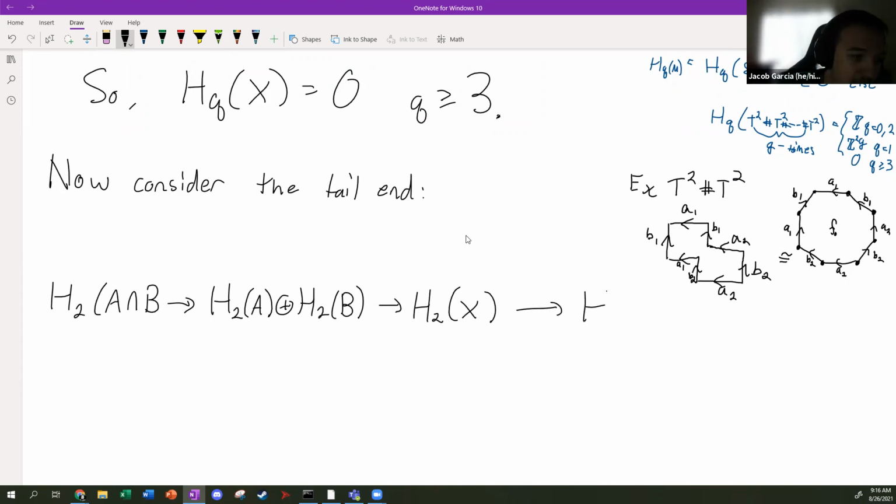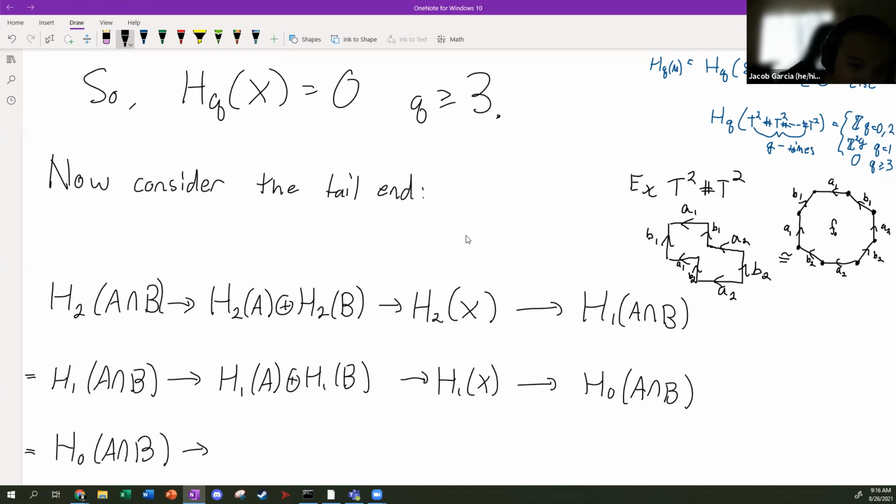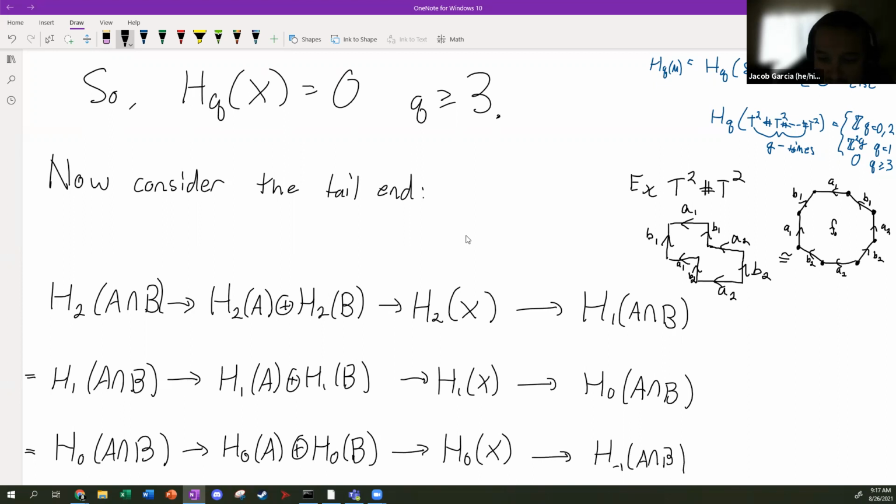And this goes via the boundary map to H1 of A intersect B. This goes to H1 of A direct sum H1 of B, which goes to H1 of X, which goes to H0 of A intersect B. This goes to H0 of A direct sum H0 of B, which goes to H0 of X, which goes to H-1 of A intersect B. But of course, that's the same as 0.